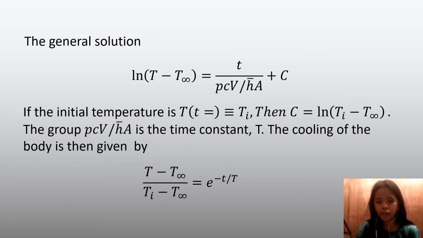The group rho c V over h A is the time constant tau. The cooling of the body is given by (T minus T infinity) over (T i minus T infinity) equals e to the power of negative t over tau.